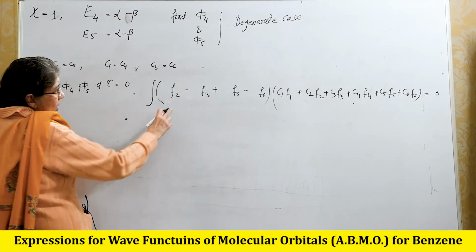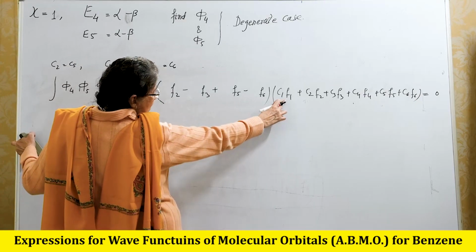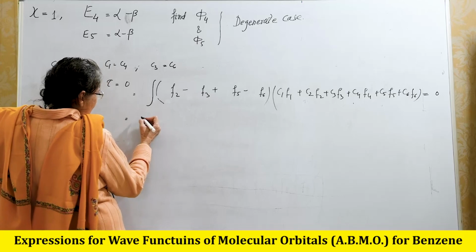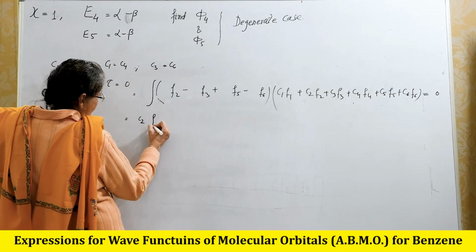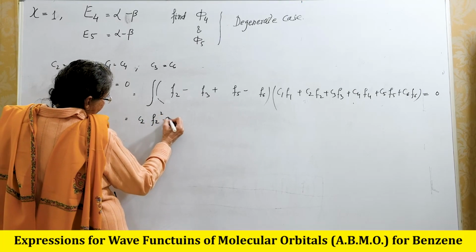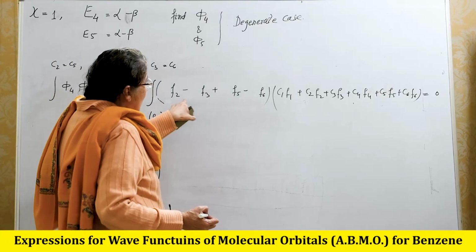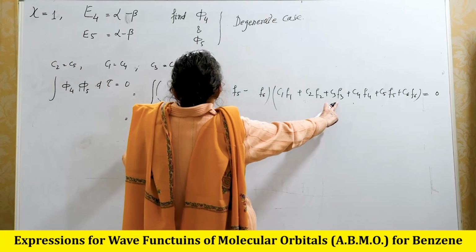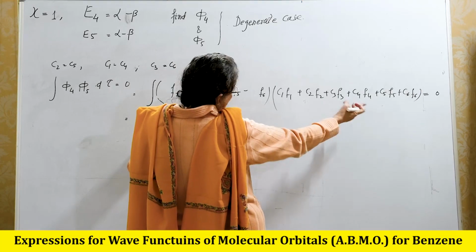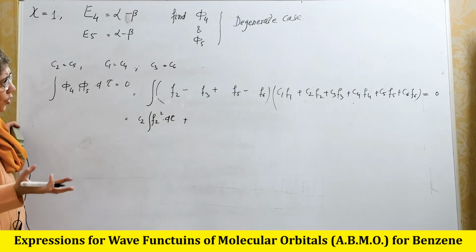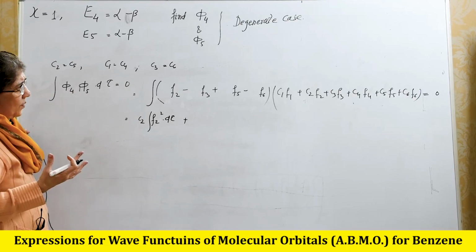So we get F2 with F1 orthogonal, C2 F2 square d tau, and F2 with C3, C4 and the others orthonormal.